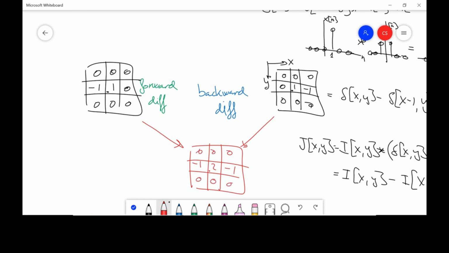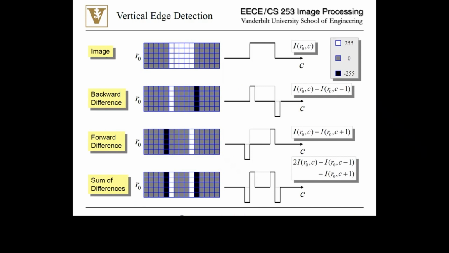And now I always have the same structure for the borders. So I have a 1 inside the pulse, a minus 1 outside the pulse, and I have an edge detector, a vertical edge detector that responds similarly. It doesn't matter if we go from low to high or high to low.